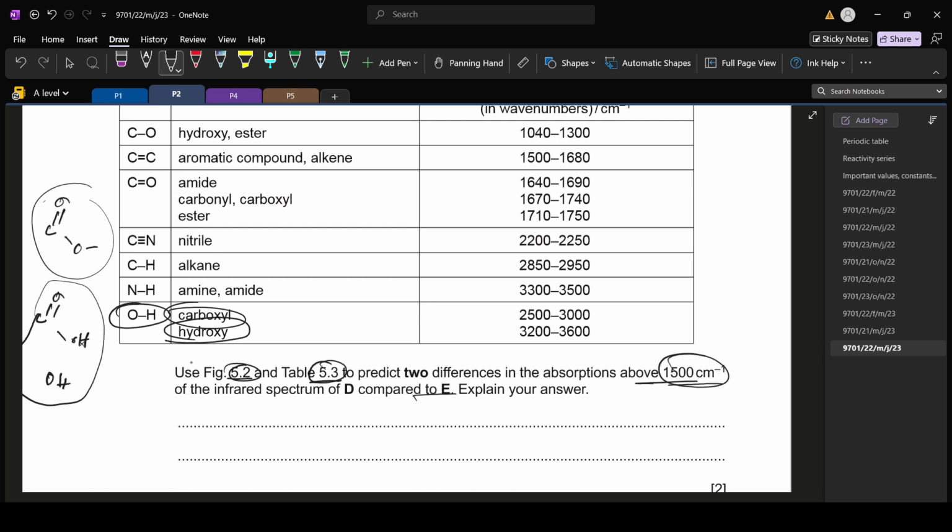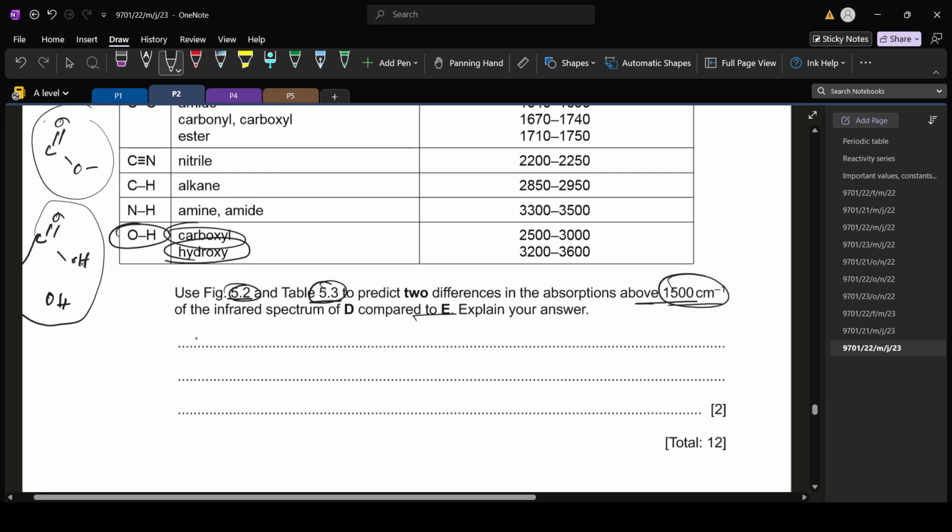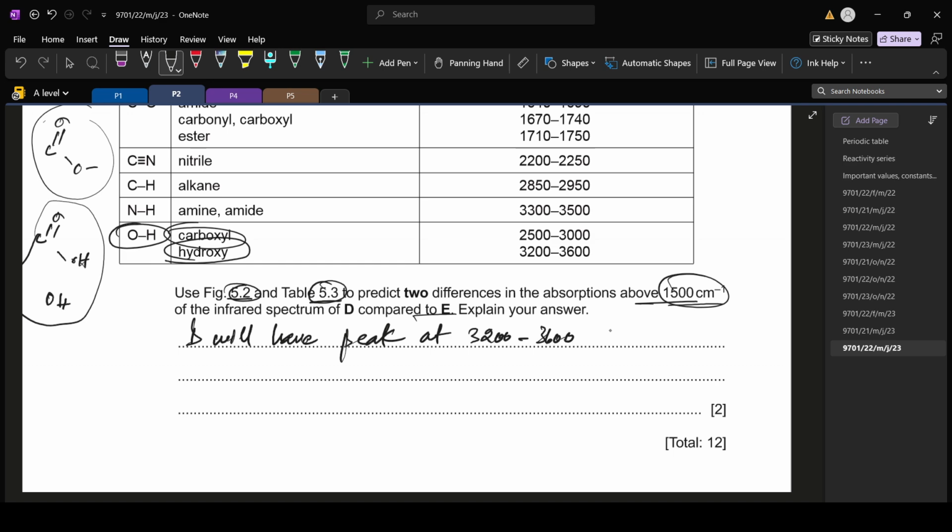So D will have a peak at 3200 to 3600 due to the hydroxyl group, due to alcohol.